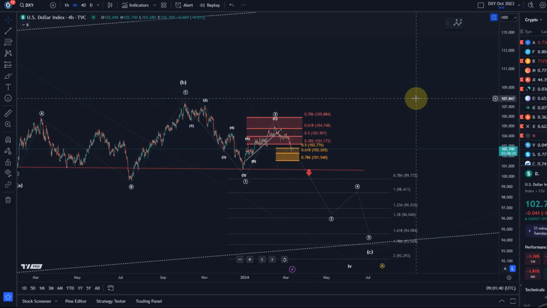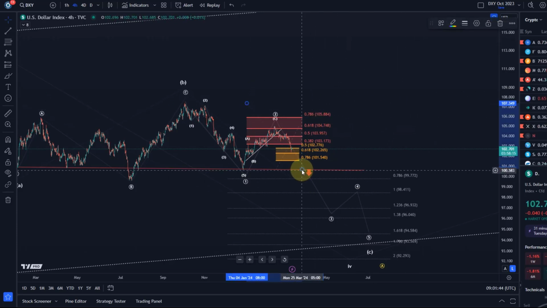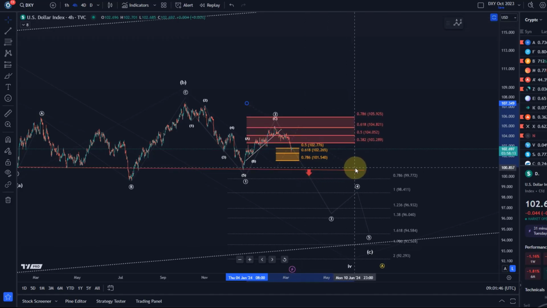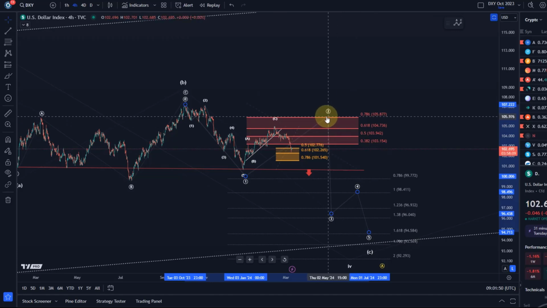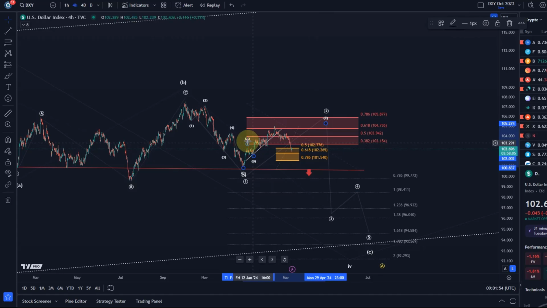Okay, so what would be a bullish alternative? Well, if we react to, for example, the orange support zone, it is easily possible that this wave 2 stretches out into a more extended ABC structure. That's easily possible, especially because we only have 3 waves down at the moment.